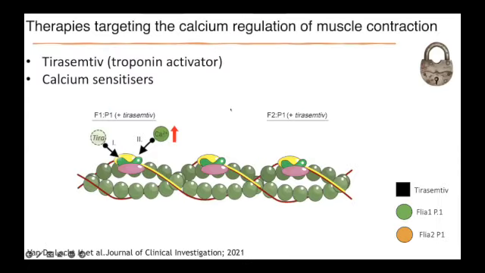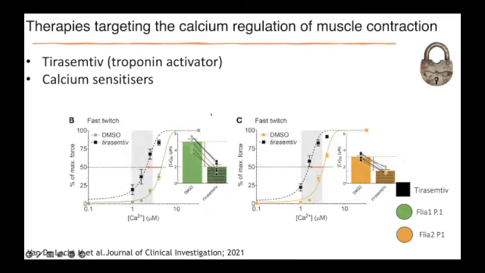So a therapeutic target is how we can regulate the calcium sensitivity. We can use troponin activators or calcium sensitizers. In this beautiful work from Vandana's group, they looked into the thin filaments. I'm not going to explain too much here, but as you can see, on the Y axis is the maximum force produced by the muscle filaments, and on the X axis the calcium concentration.